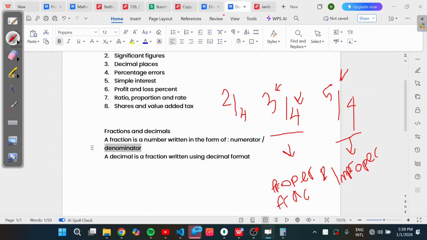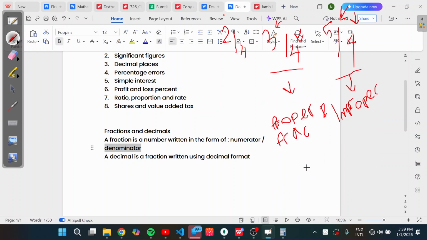So the numerator is now greater than the denominator. 5 is bigger than 4, so this is an improper fraction. You can just imagine it as having something too heavy, like a big guy or a fat guy on top of a child. That's one idea you can use to memorize improper fractions or understand what it's all about.